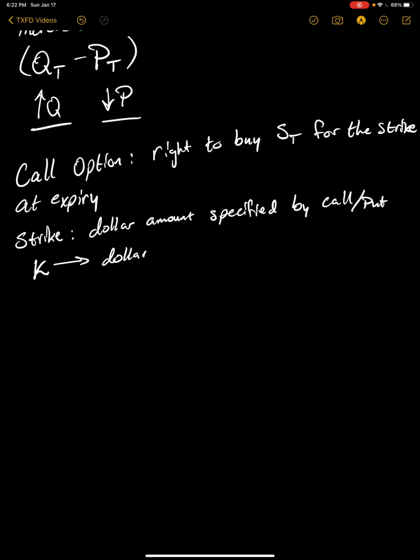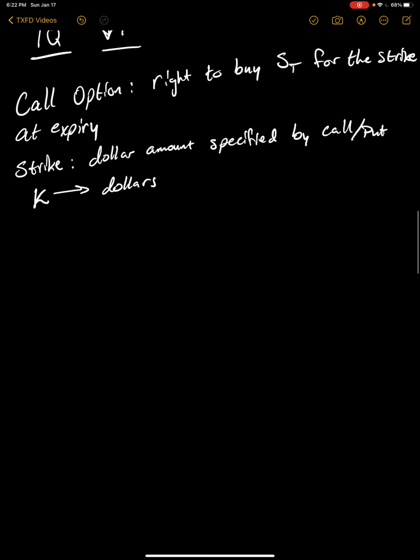We're exchanging K dollars for a unit of stock, and generally it's priced in multiple units. I think it's 100 units, right? But the idea of the payoff at time t is that we get S's value at time t, and we give up K. And in practice, of course, this is the max function still, right?